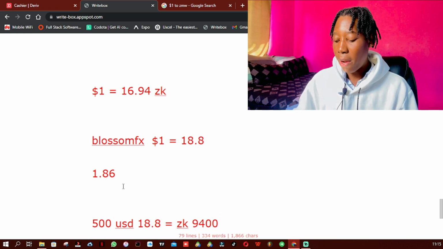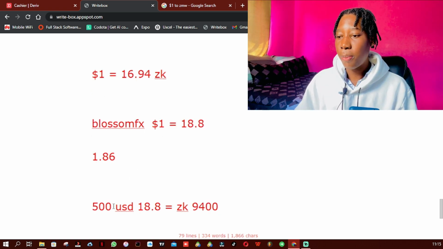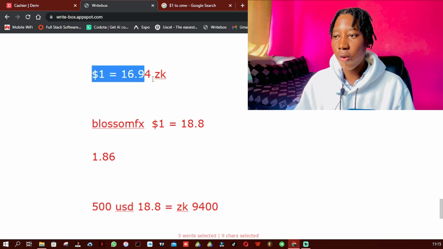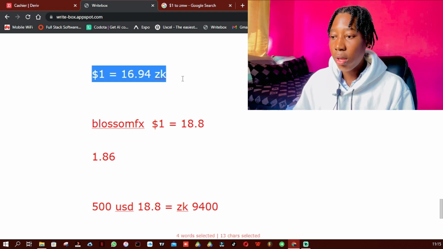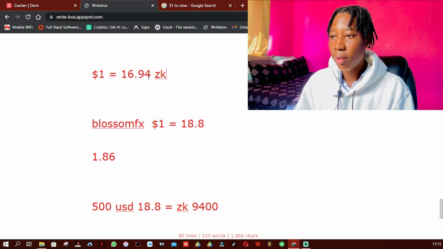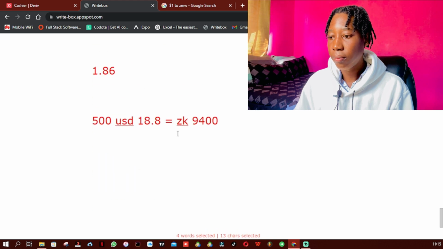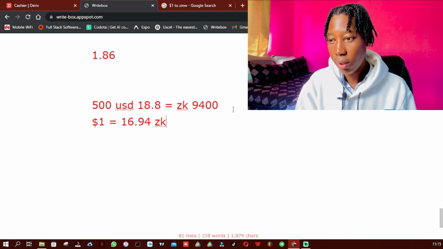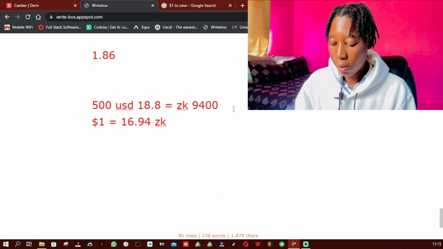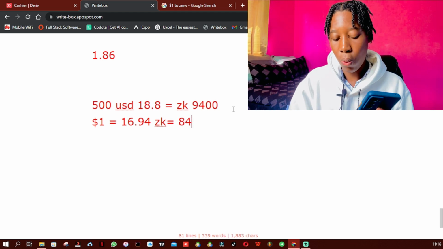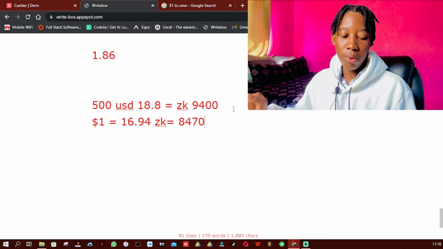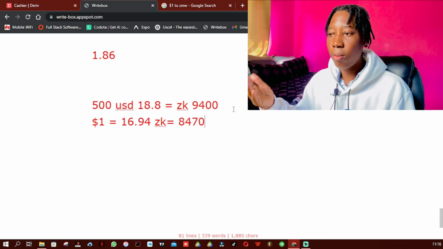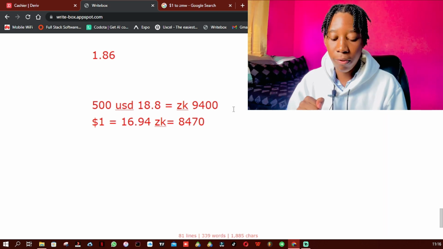But if you multiply $500 by the official rate, 500 times 16.94, it's going to give us about 8470. So now I'm going to subtract 8470 from 9400 and see how much profit he would make.